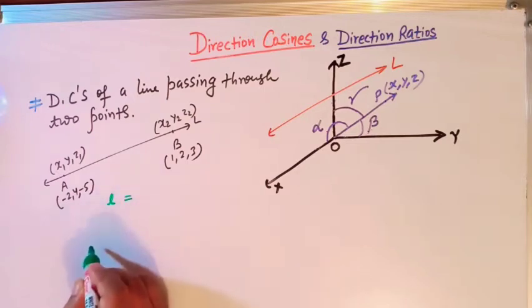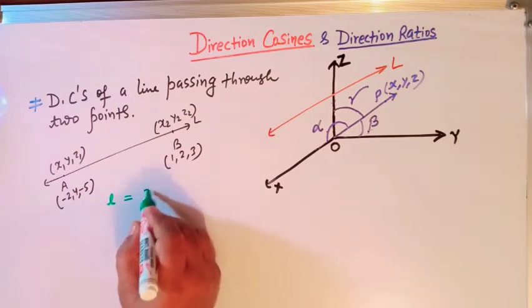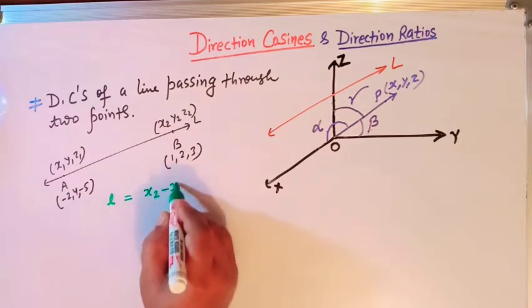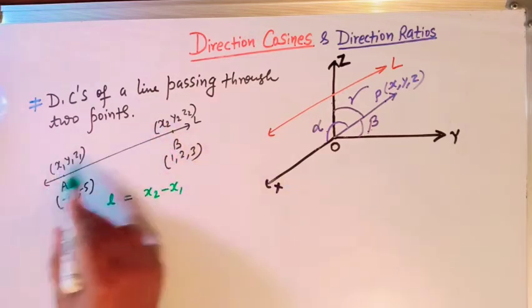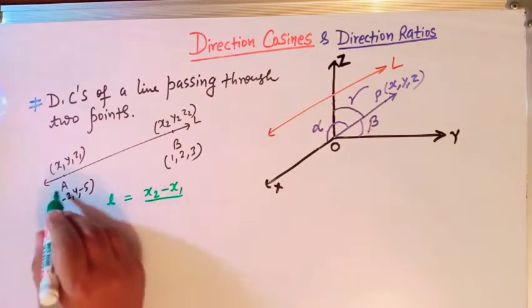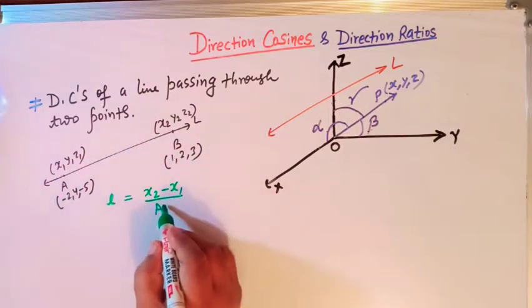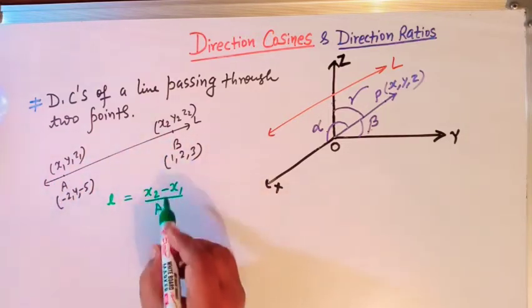Now L can be calculated by this rule, that is x2 minus x1. We will find the difference between the x coordinates and then we will divide it by the magnitude of AB.